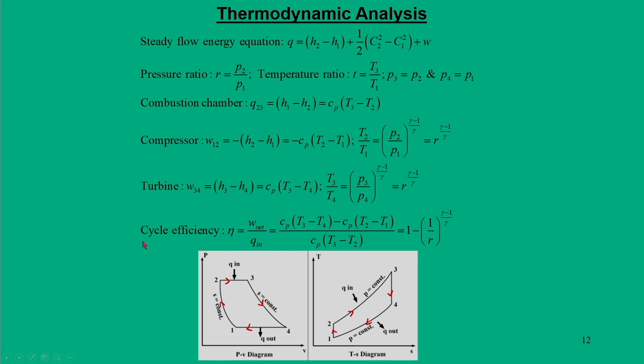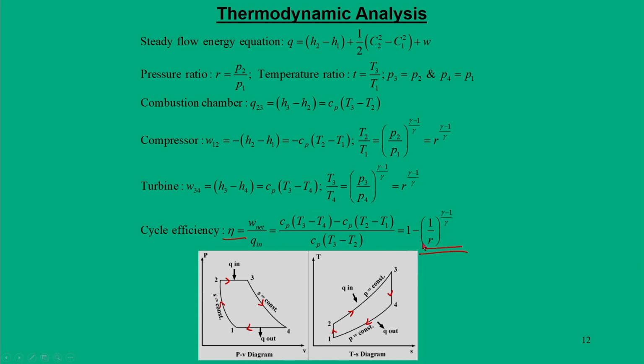And by definition, we can define the cycle efficiency eta equal to W net by Q in. W net is nothing but the difference between turbine work and compressor work, and when you simplify, finally, the cycle efficiency for an ideal Brayton cycle is written as 1 minus (1 by R) whole to the power (gamma minus 1) by gamma.